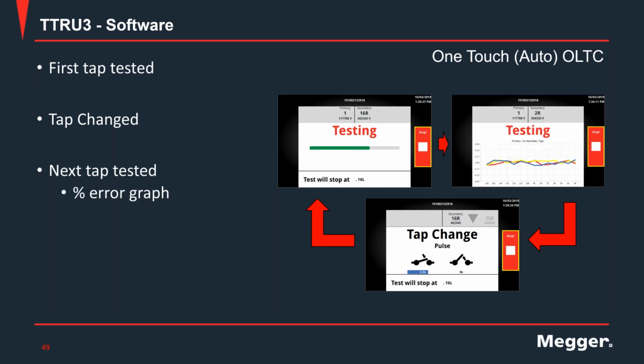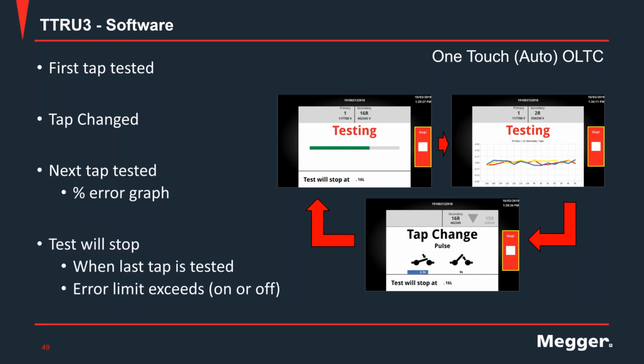Once it has more than 2 taps on the testing screen, it will show a graph of the results, and it will continue the cycle until it reaches either the last tap that you indicated in the settings, or if the error limit is exceeded. And that feature can be turned on and off.